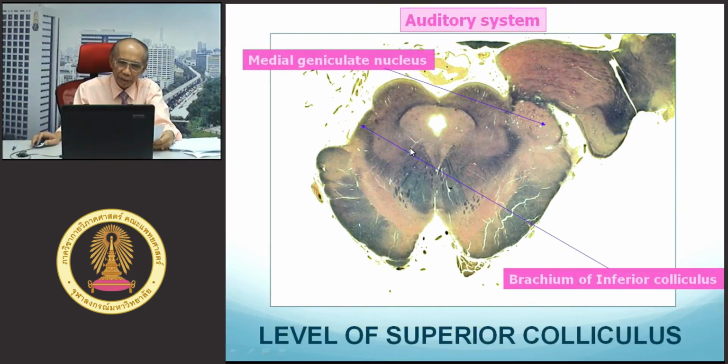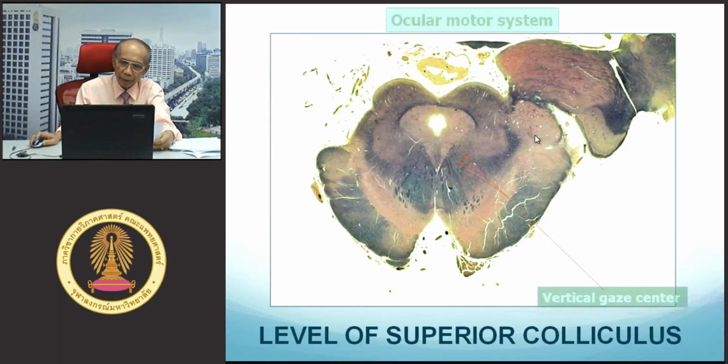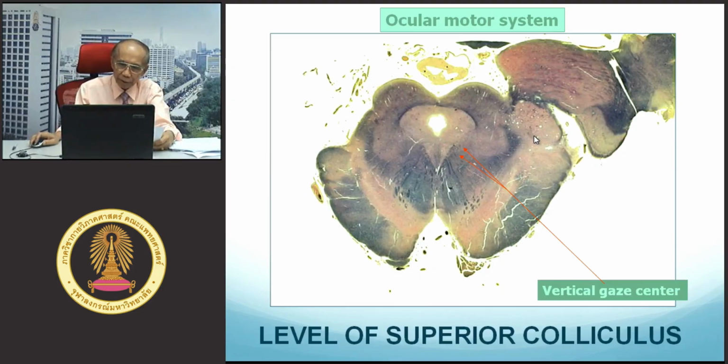The auditory system includes the brachium of inferior colliculus and the medial geniculate nucleus. The oculomotor system: in the tegmentum of the midbrain, you will see the vertical gaze center, which controls vertical conjugate eye movement.